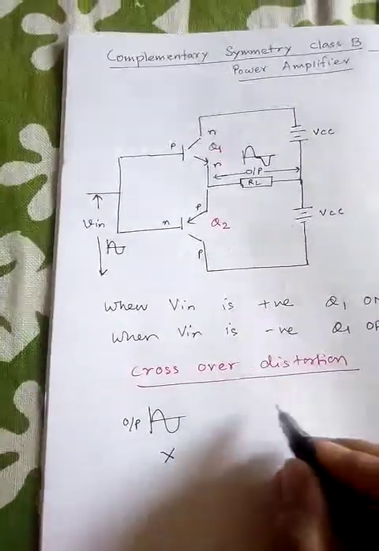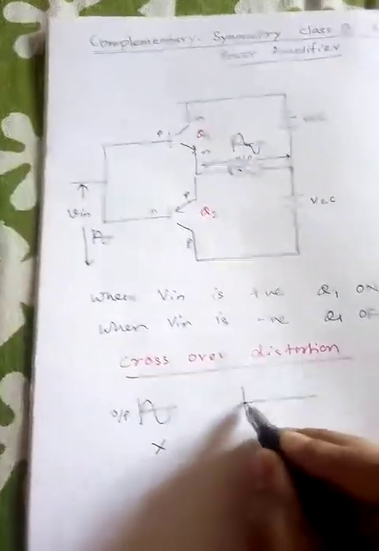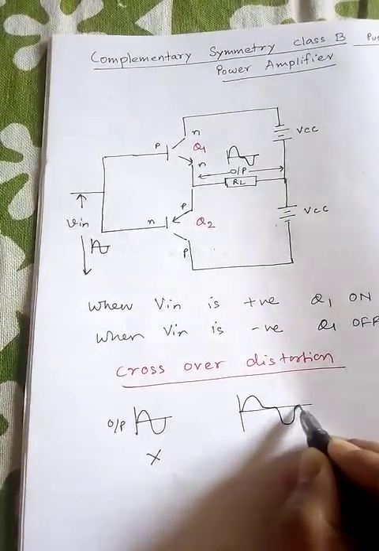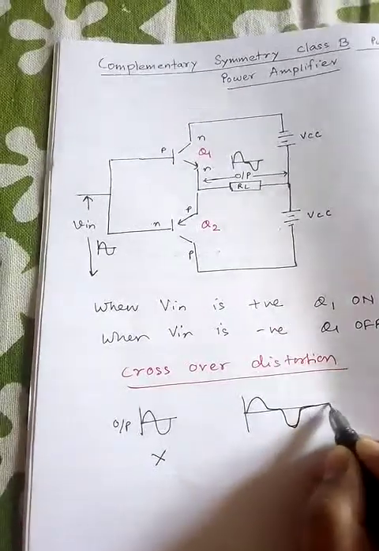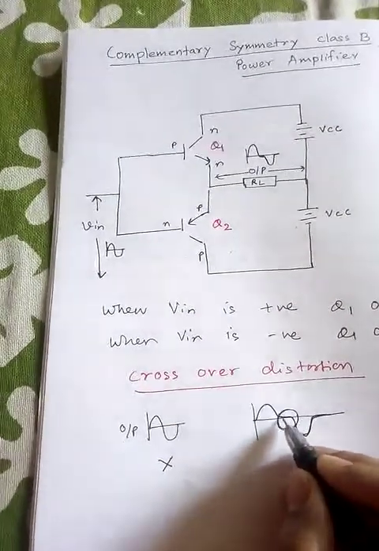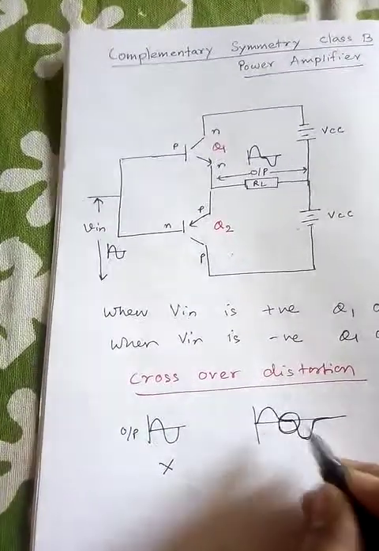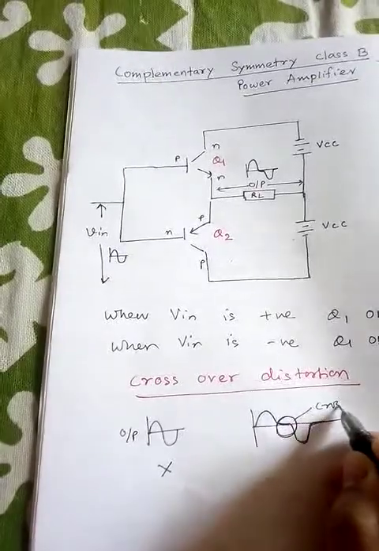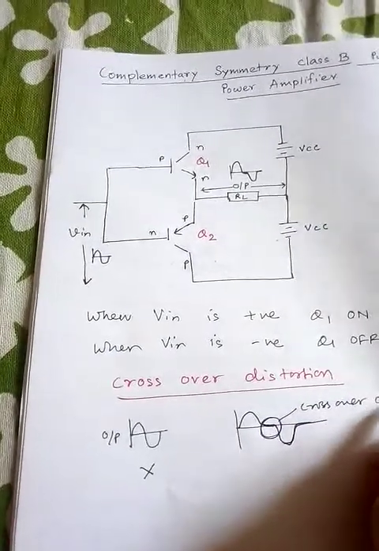Rather, the output is like this. That is, at this point there is no current flow through either of the transistors. This is called crossover distortion.